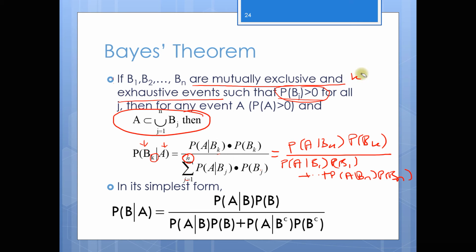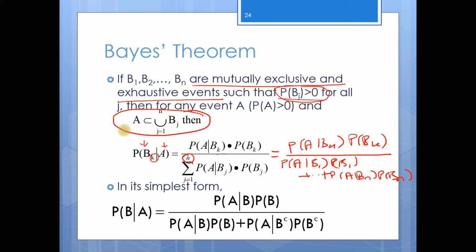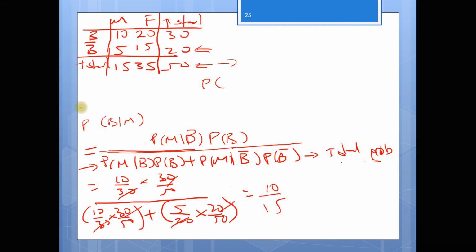But for our example, how many possible values of B do we have? We are evaluating the probability of BK given A. If we relate to our example, the probability of BK given A is the probability of B given M. So what is A? A is M, and BK is the person wearing black.